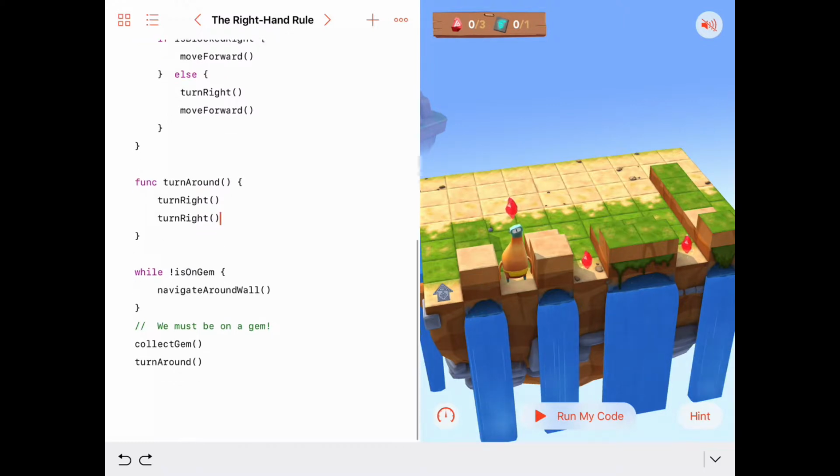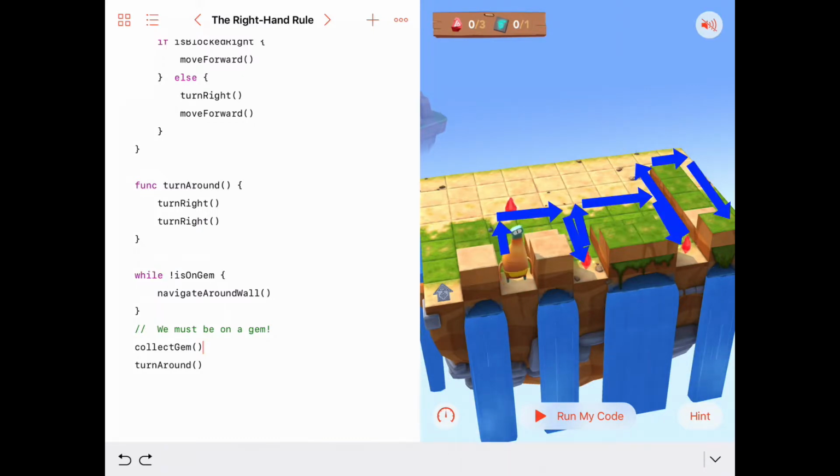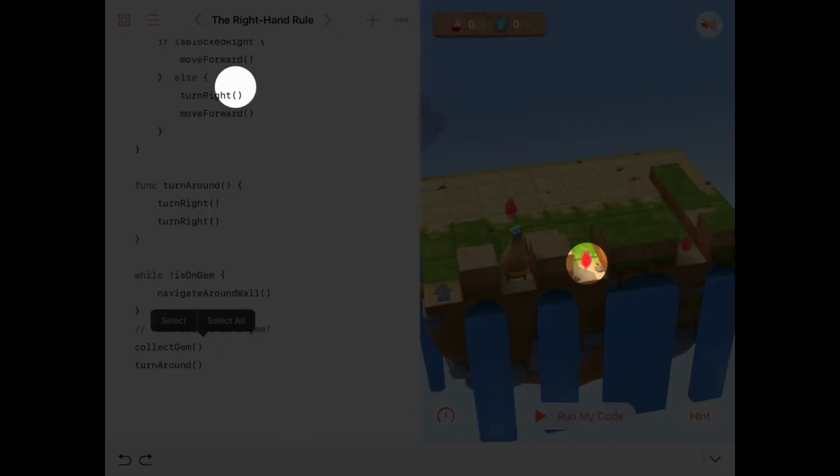Okay. Now at this point, if we were to call this whole thing again, presumably we'll be facing away from us. Presumably we will go navigate around this next block. Okay. This next wall until we get to this gem right here. Let's just try this over and over again a few times.